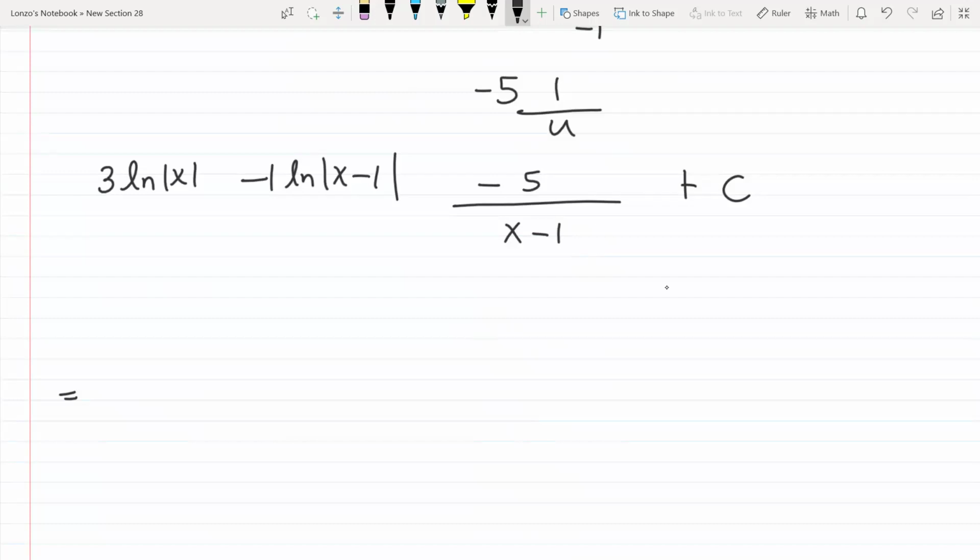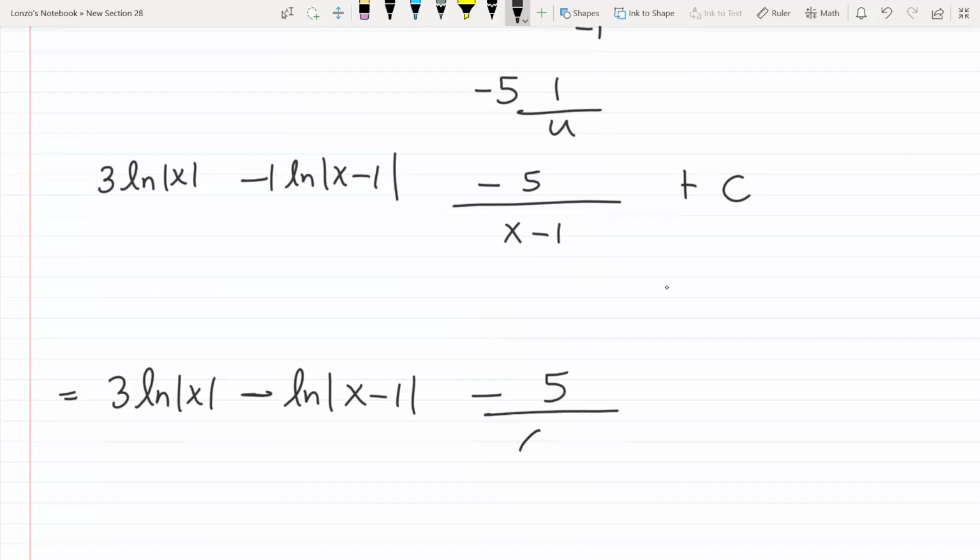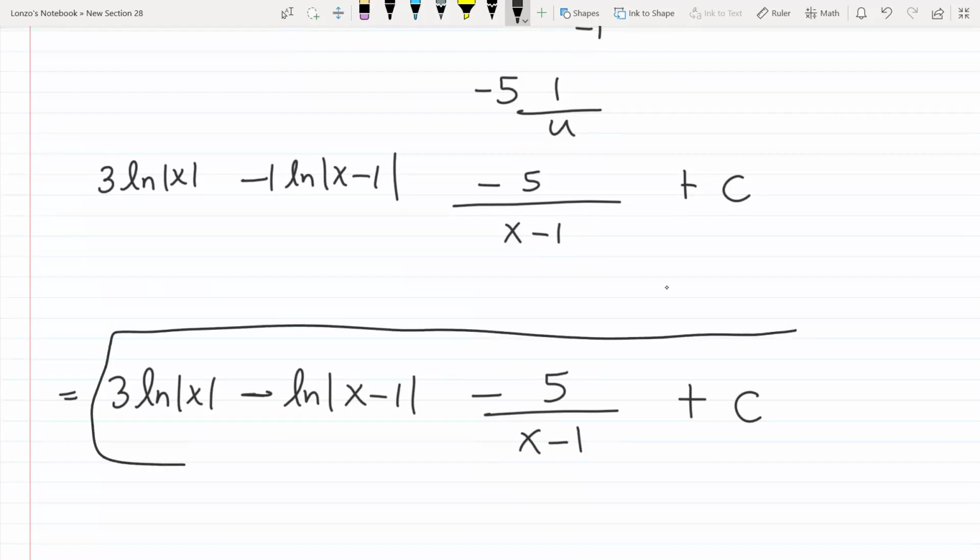Your final answer is 3 ln of absolute value of x minus ln of x minus 1 minus 5 over x minus 1 plus c. This is my final answer.